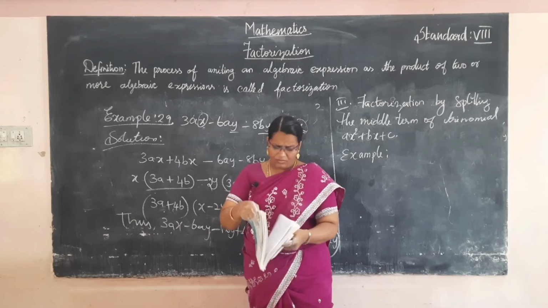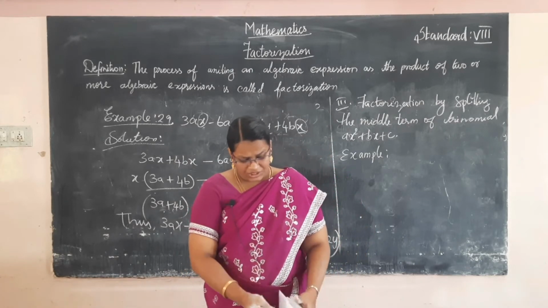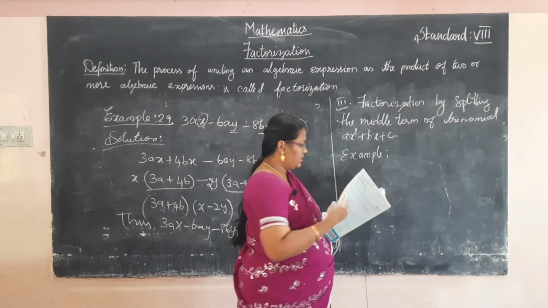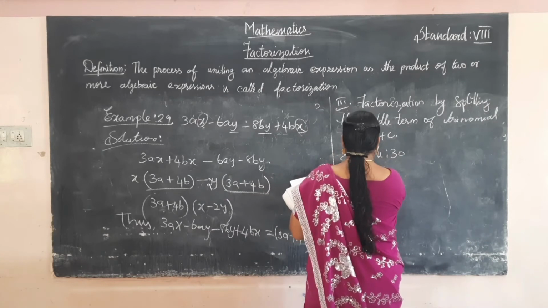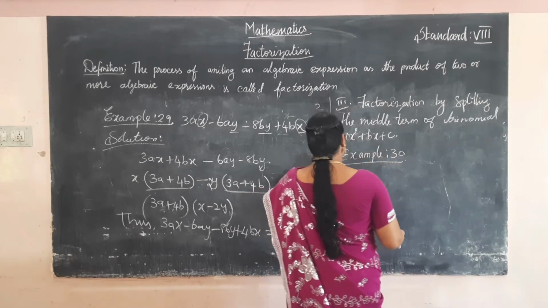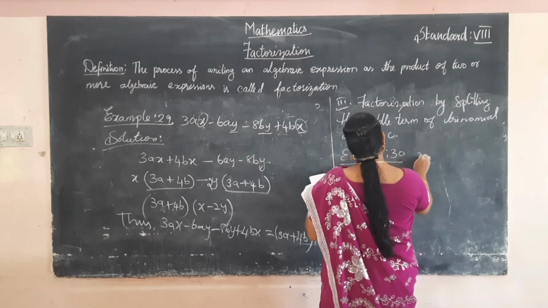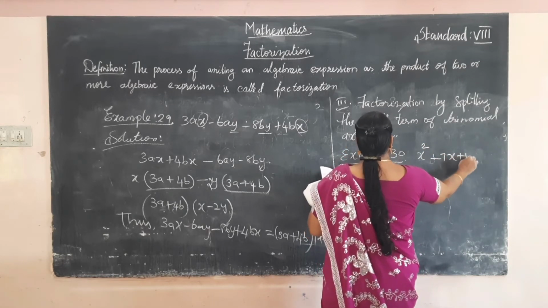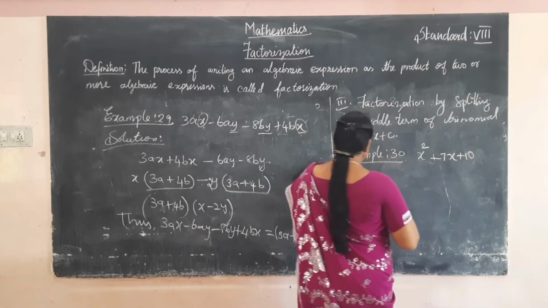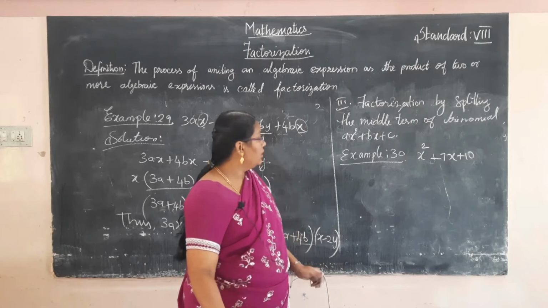I have explained it shortly for your understanding, so you can easily understand this method. Factorize x² + 7x + 10. This is the first method, the first case.